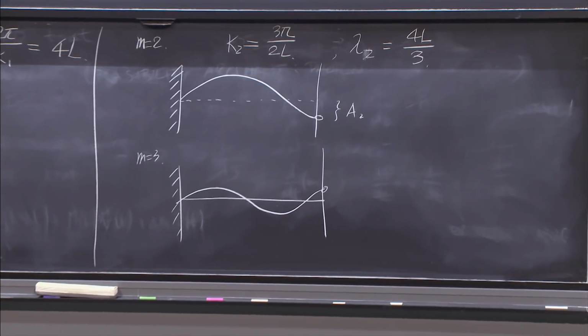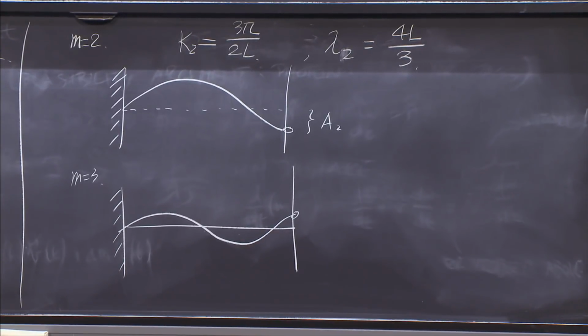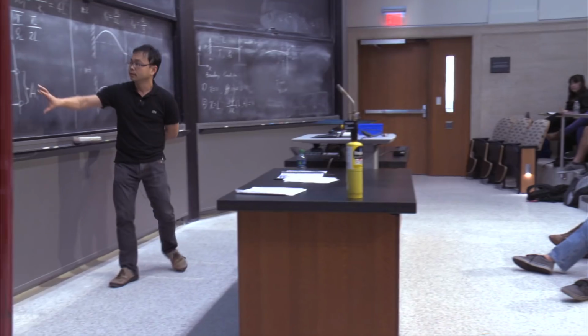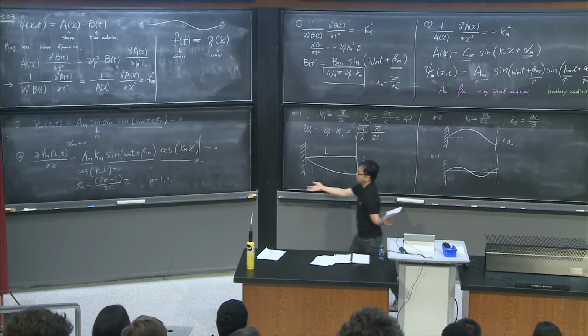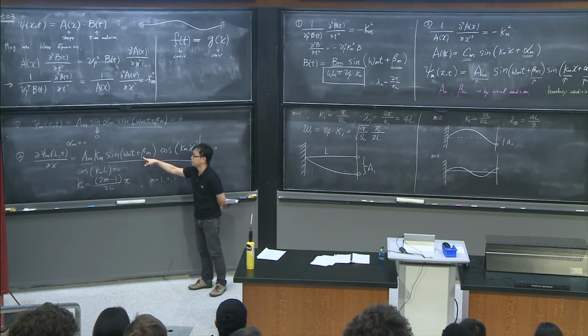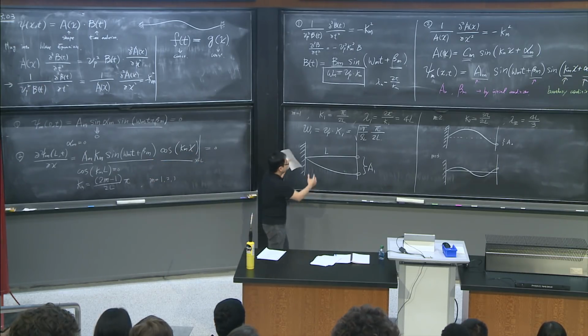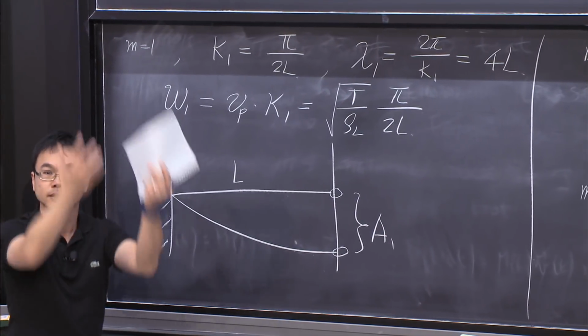Okay, any questions? The motion of this system as a function of time is that this whole shape is multiplied by sine(ω_m t + β_m). So the whole shape is going to scale up and down harmonically.